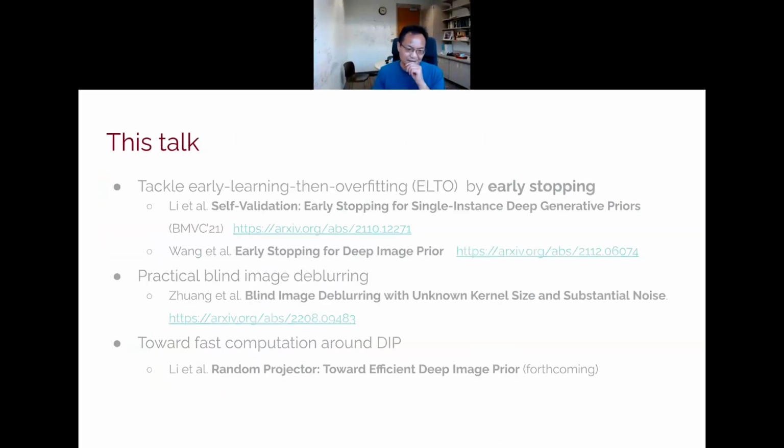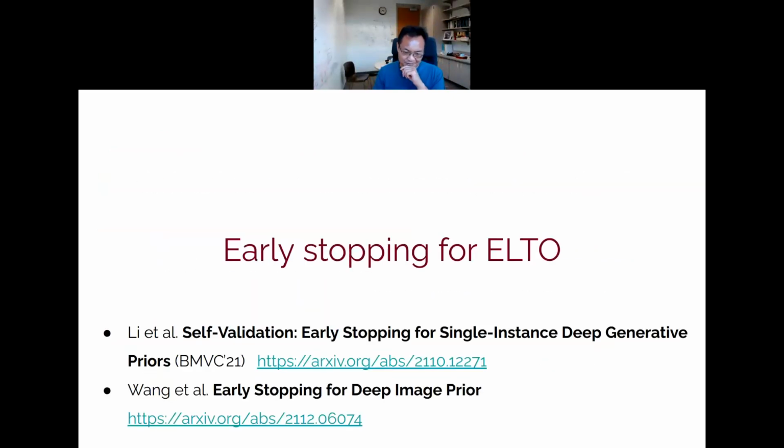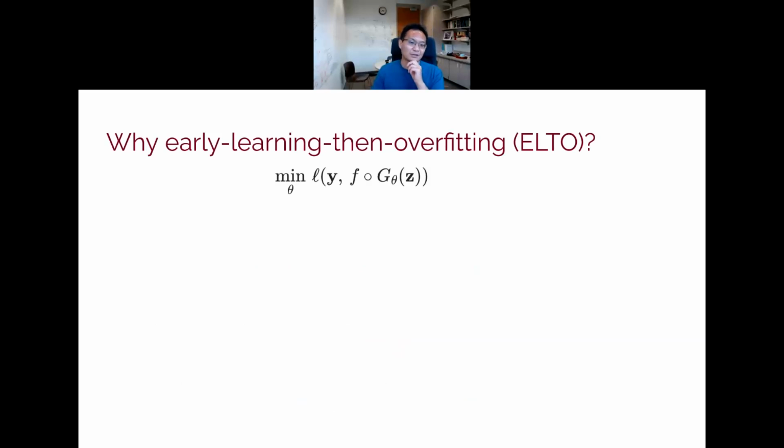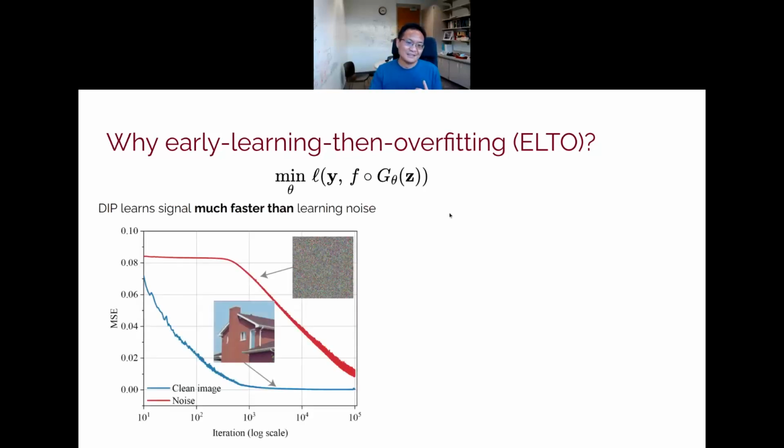Okay, so the first thing is the overfitting issue. We have a couple of papers, although this one is more recent and more lightweight. I would definitely recommend this technique for doing early stopping. Just now, some of you already asked the question and got the right intuition about why we have this strange issue where initially we learn something clean and then the quality starts to degrade.